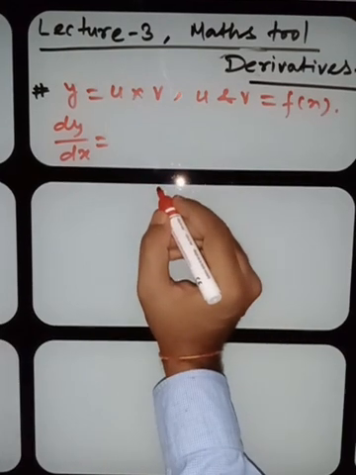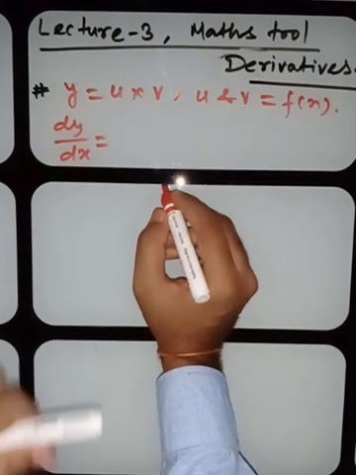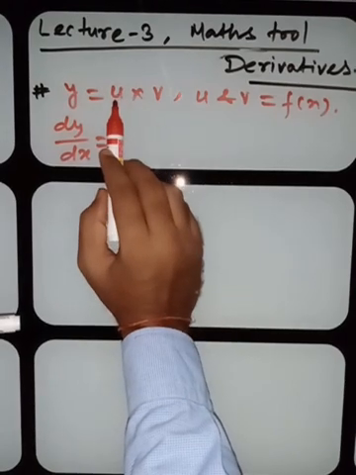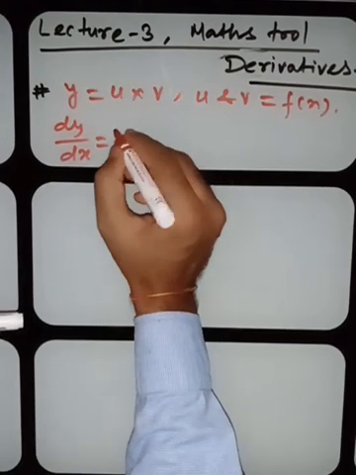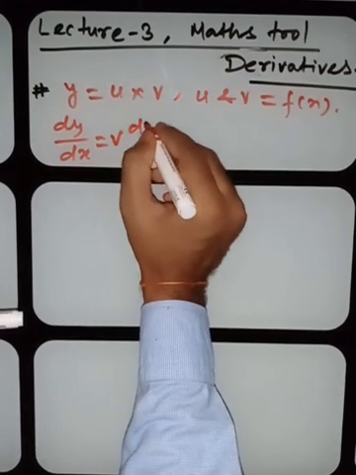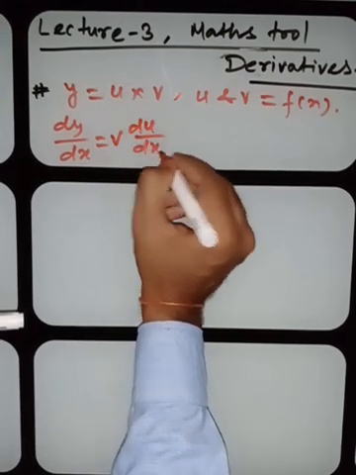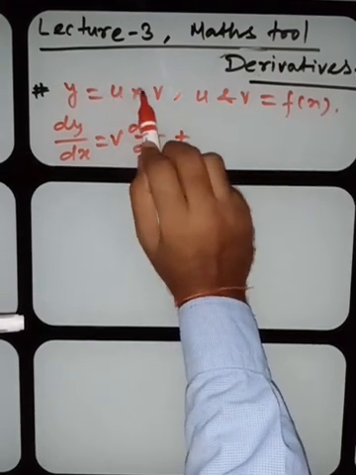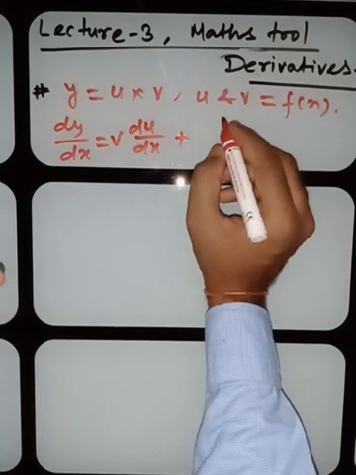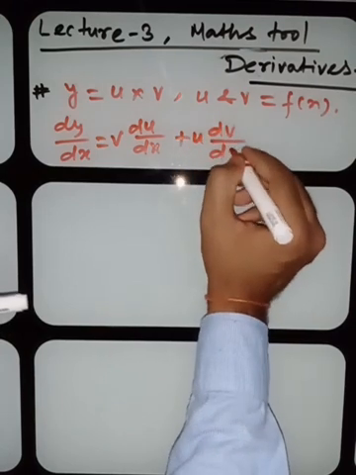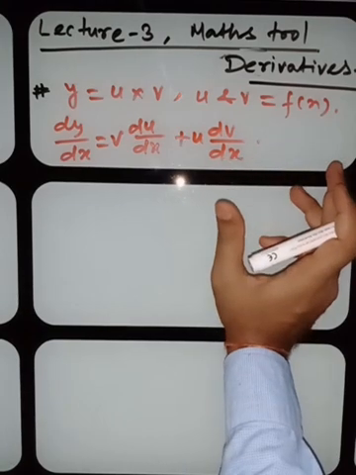How will you do the differentiation? Look here carefully. First differentiate u, keeping v as constant, so take v out and differentiate u with respect to x, plus now keep u as constant and differentiate v. This is the formula, remember: v du by dx plus u dv by dx. That's it, a very simple formula.